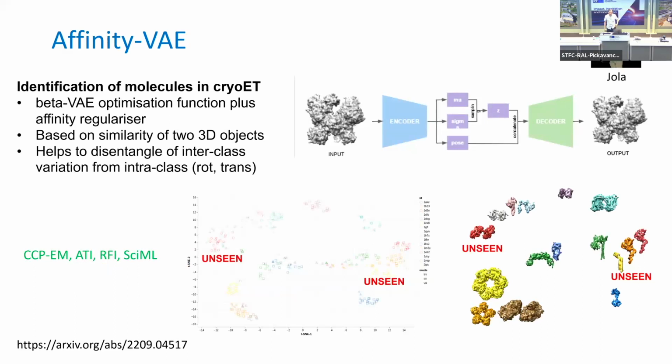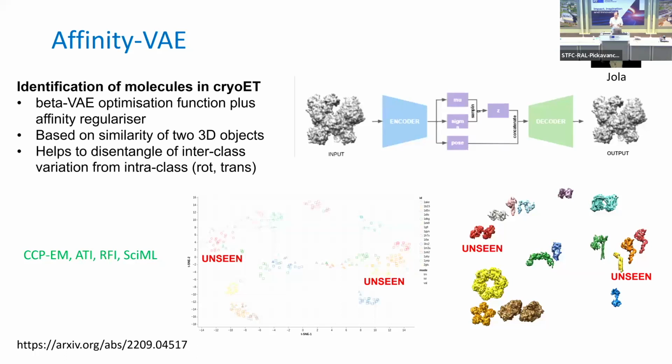So Affinity VAE by Yola and collaborators, many collaborators, I should say, is looking for the identification of particles in cryo-electron tomography. So if you collect these tomograms of real systems, you end up with quite a complicated collection of particles, of objects.